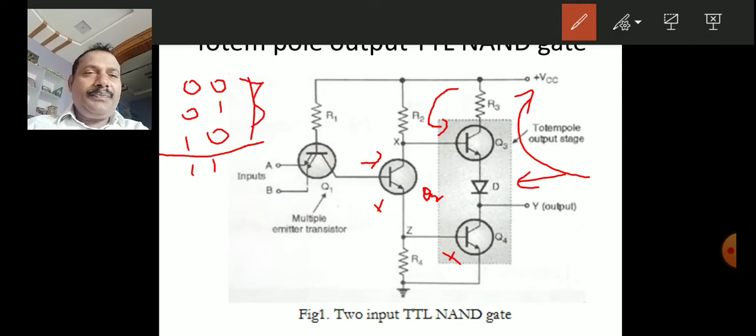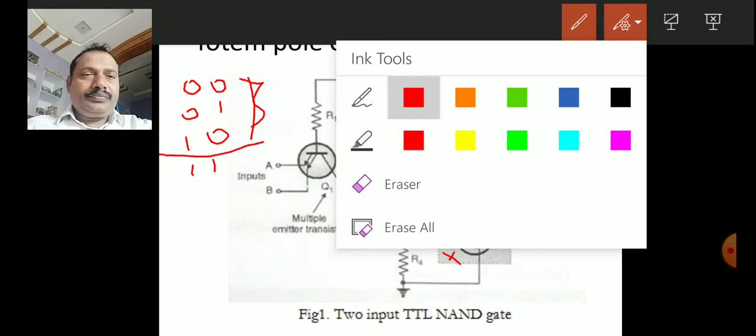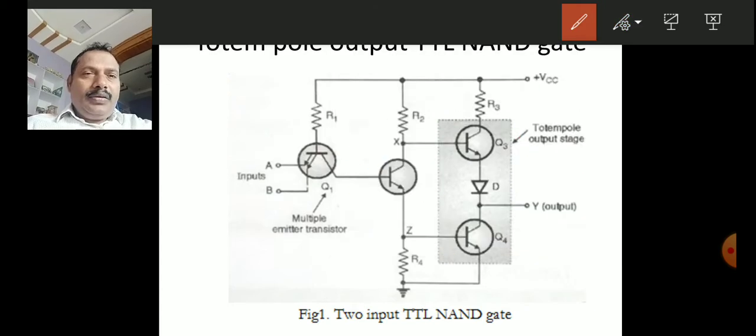Now let us see the explanation for the 1-1 combination. Whenever A equals 1 and B equals 1, the transistor Q1 is cut off.